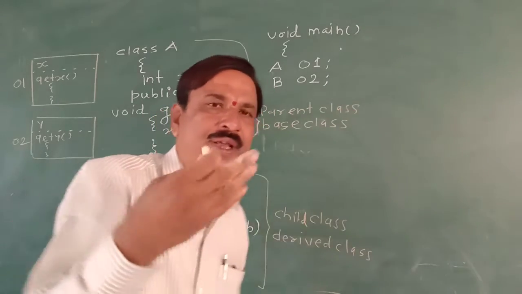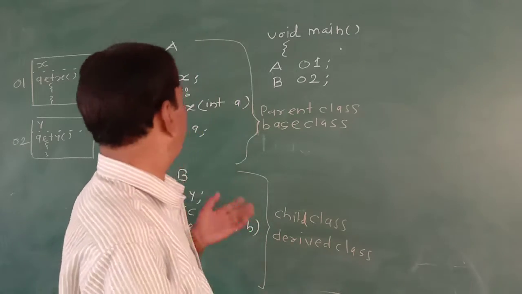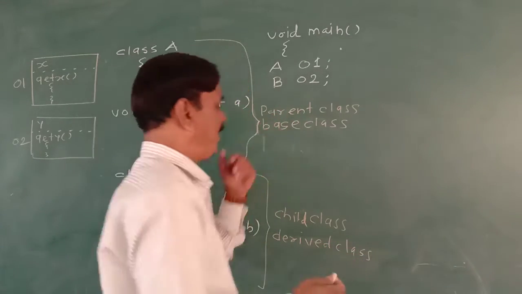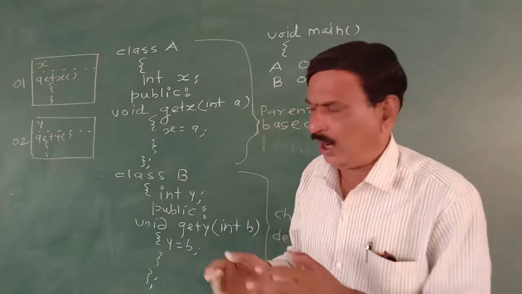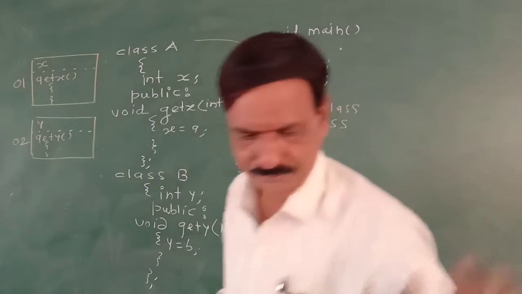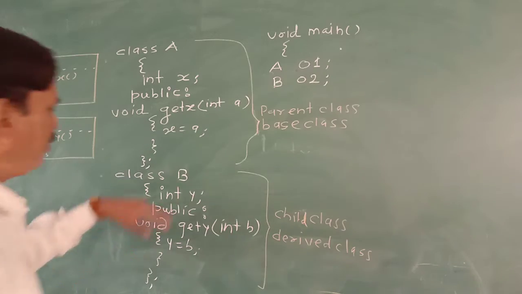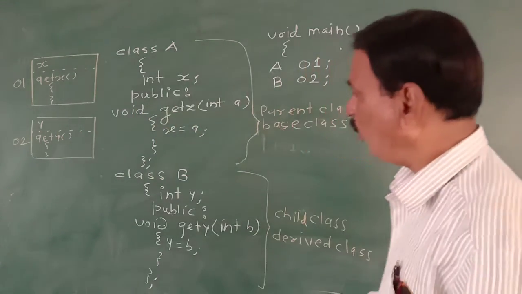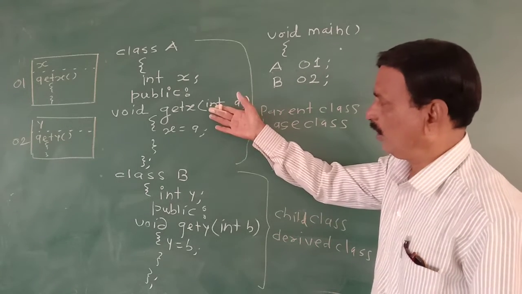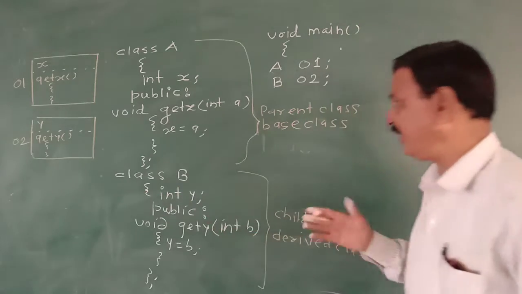Now we are going to see how to declare a class as a parent class or base class, and how to declare class B as a child class. Just a moment ago these two classes were distinct and isolated, but now we are going to declare class A as a parent class and class B as a child class.